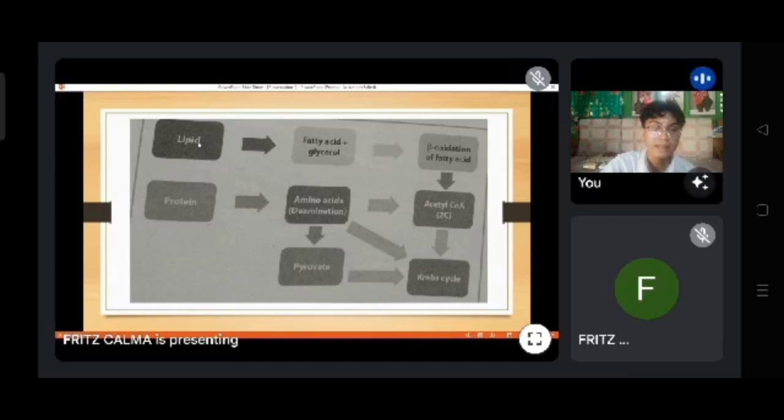So from lipid, nakaproduce ng fatty acid plus glycerol, and then the oxidation of fatty acid, then acetyl-CoA or 2C, and then Krebs cycle.